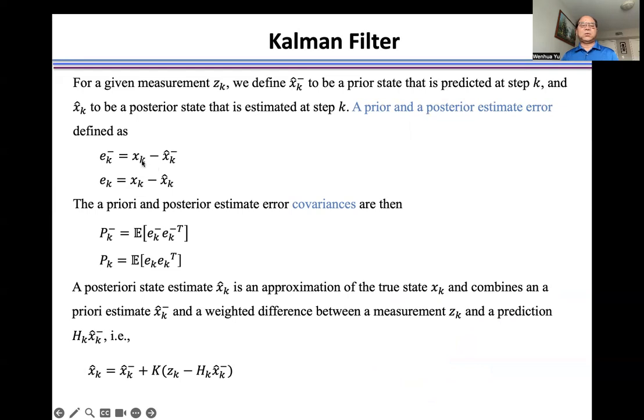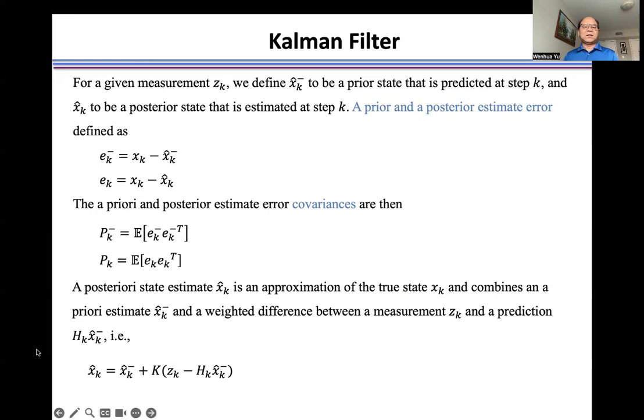One is the true next state minus the prior next state. The other is the error of the true next state minus the posterior next state. Based on these two errors, we define two covariances: one from the prior error, one from the posterior error.